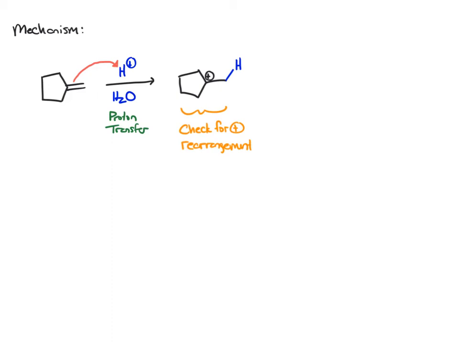Now we're ready to involve the water. When we used HX, we added the halogen, or the halide, in the next step. Well, now we don't have any X- group, but we do have water. And water has these lone pair electrons on the oxygen that can act as a nucleophile. So I'm going to draw a curved arrow from that lone pair to the positively charged carbon.